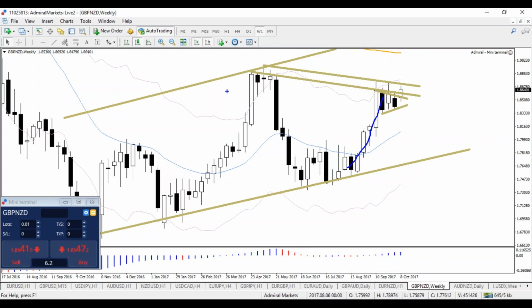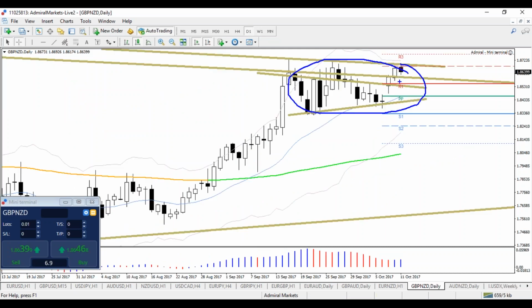So let's take a look at the daily chart right now already. So time pattern, when I count the candles, it looks like this correction is finished because there are more than 13 candles in this correction. So we have momentum.